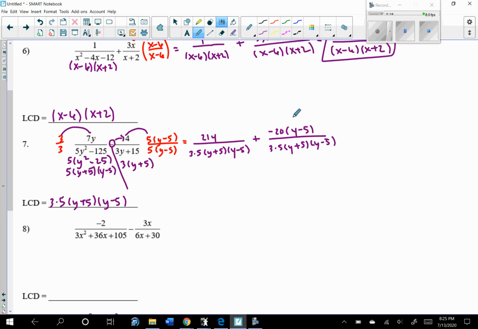Now again, you do not want to cancel out the y minus 5 here because remember we multiplied that over here on purpose. We still have to distribute and combine like terms in our numerator. We just haven't done that yet.